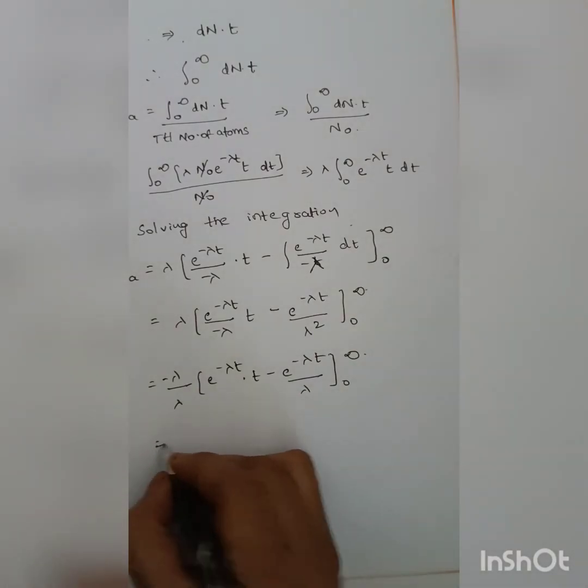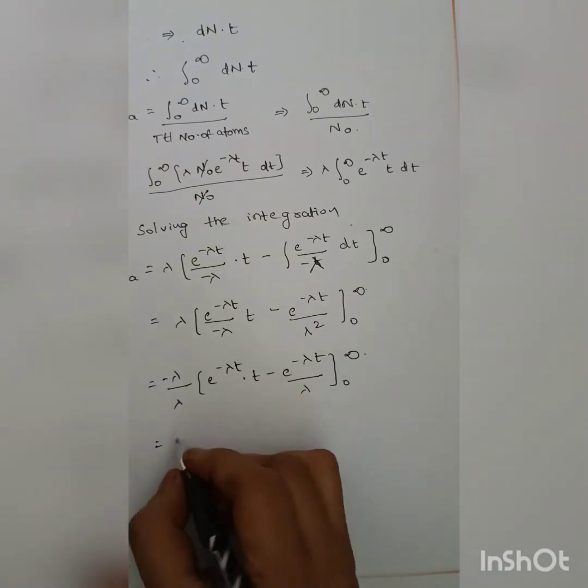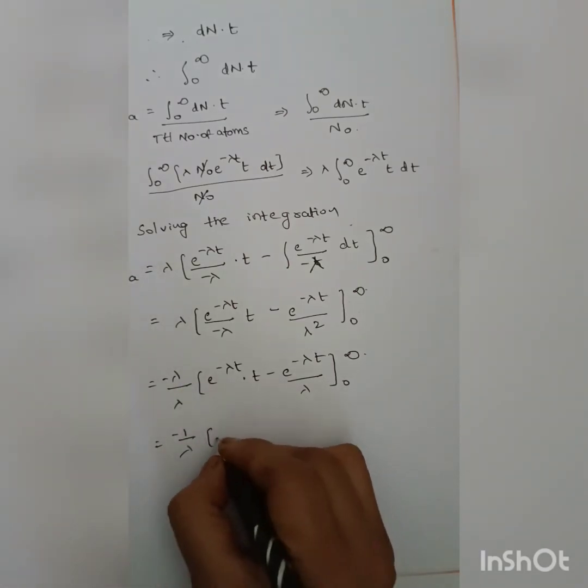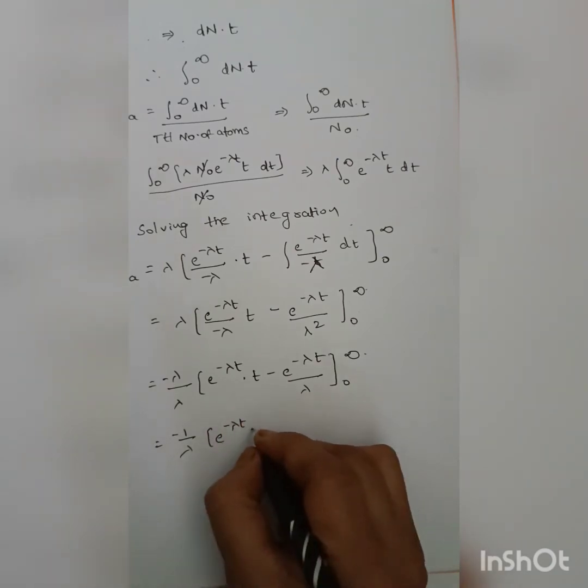So here we can write minus 1 by lambda, and e power minus lambda t is also common here.